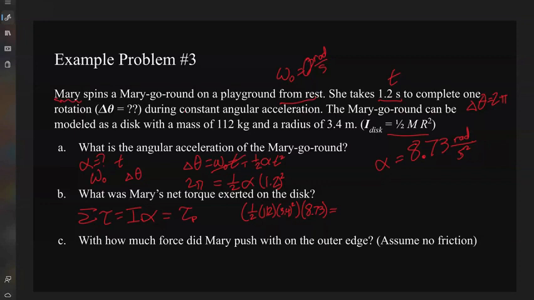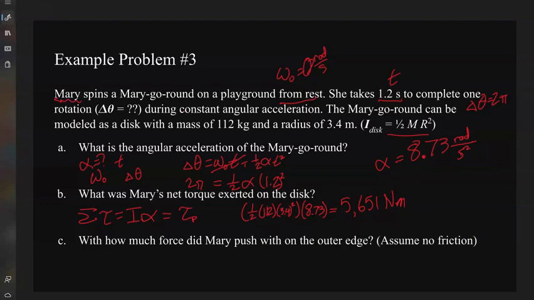So we can throw this all in together. 1/2 times 112 times 3.4 squared times 8.73, and we get a torque of 5,651 Newton meters. And there's our torque for Mary on this disc.